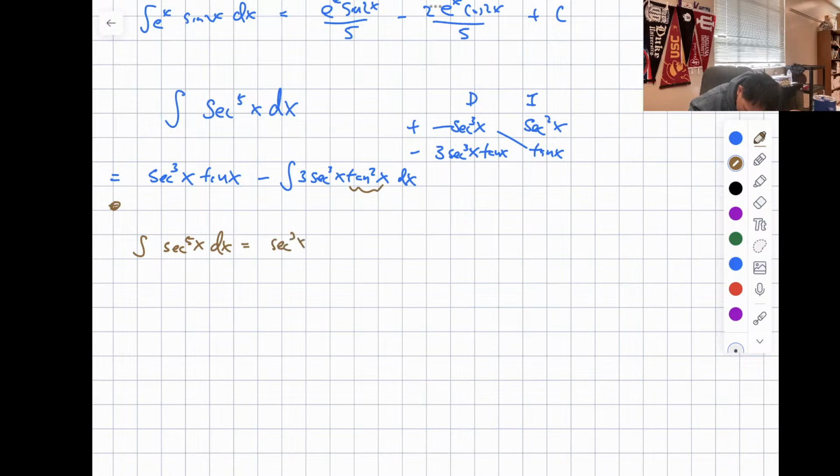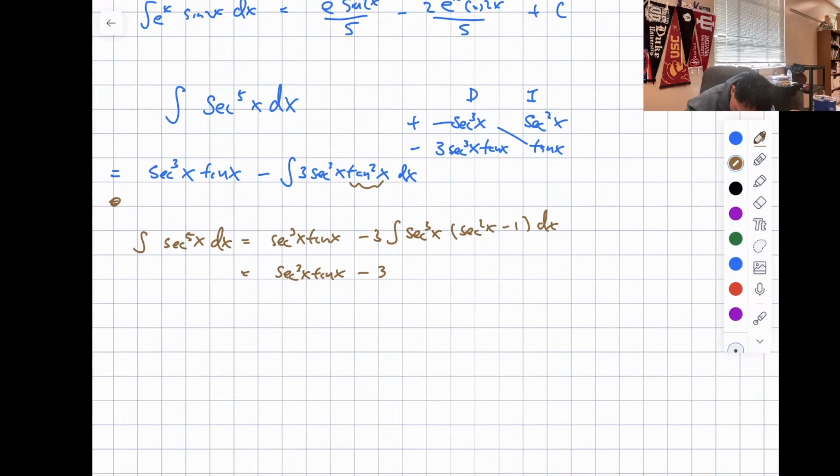So it's equal to secant to the third x tangent of x minus 3 integration of secant to the third x times secant squared of x minus 1 dx. And that's equal to secant to the third x tangent of x minus 3, and you distribute.